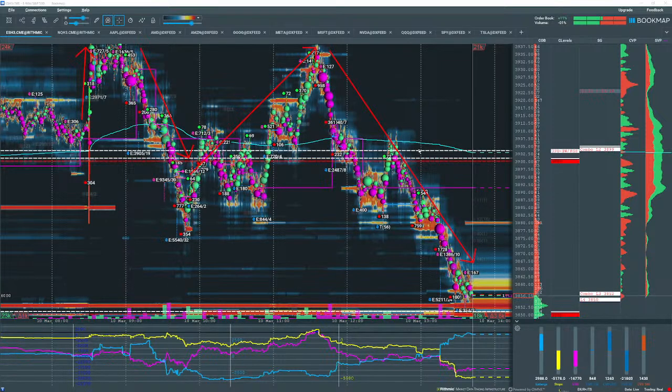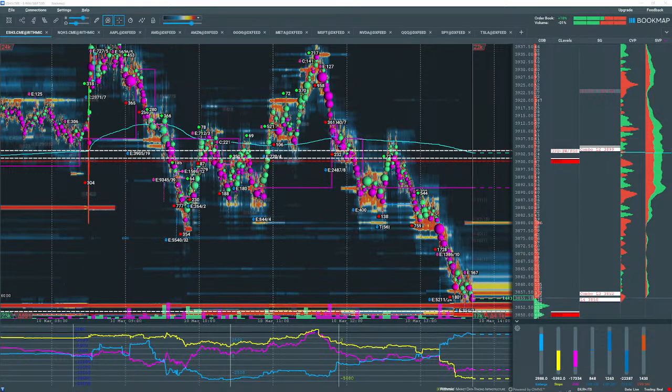Dropping below the SPY and SPX put walls, and now headed towards the 3850 level. Okay, so those are the levels that are in play for today, and let's talk about shifts in levels now.